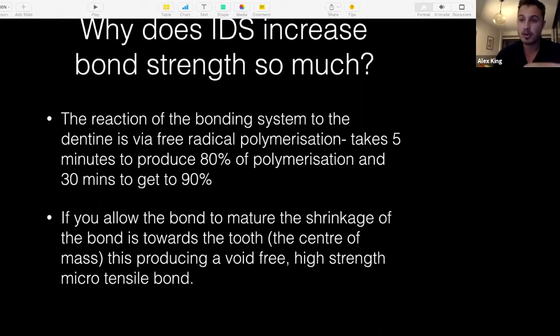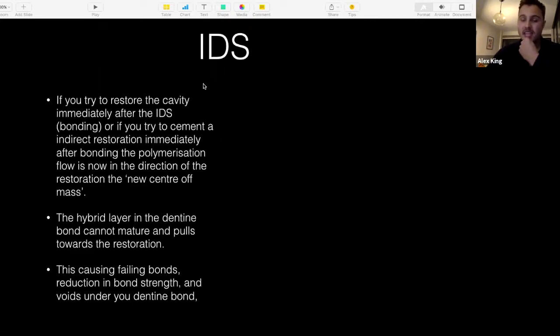However, if you do IDS, but then bond composite to it straight away, or if you bond any material like a crown to it straight away, the center of mass then becomes the crown, not the tooth. And if the center of mass is the crown, the hybrid layer will get pulled away.